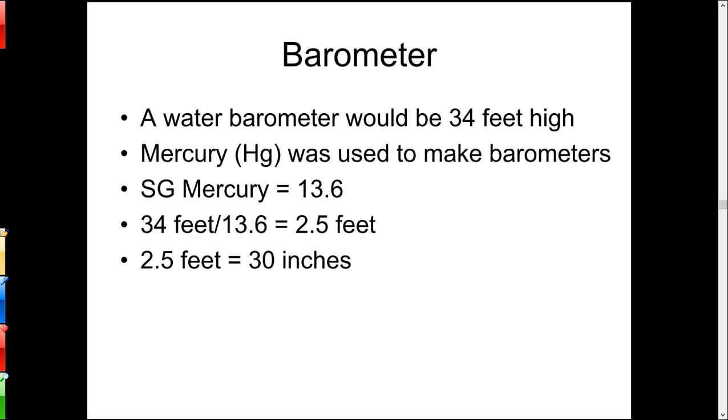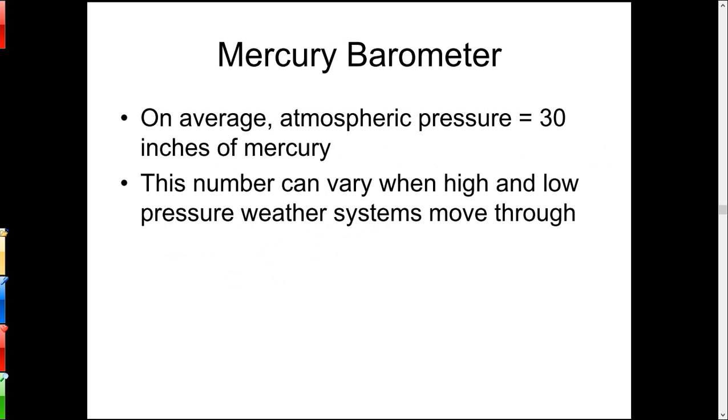Now, mercury has a specific gravity of 13.6. It's 13.6 times as heavy as water. So if you take the height of the water column and divide it by 13.6, you'll get the height of the mercury column, 2.5 feet, which is 30 inches. So atmospheric pressure is commonly called out as 30 inches of mercury. Now, this number can vary when high and low pressure systems move through.